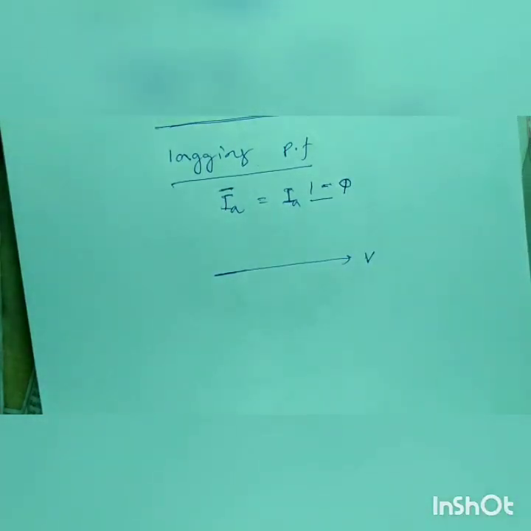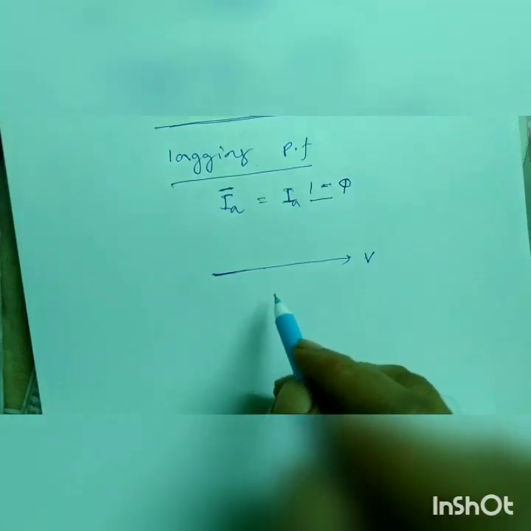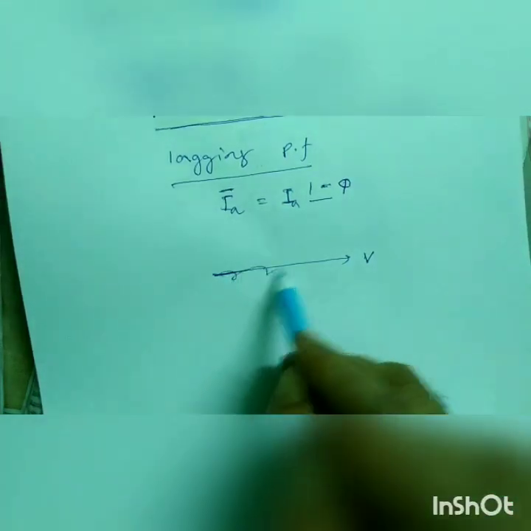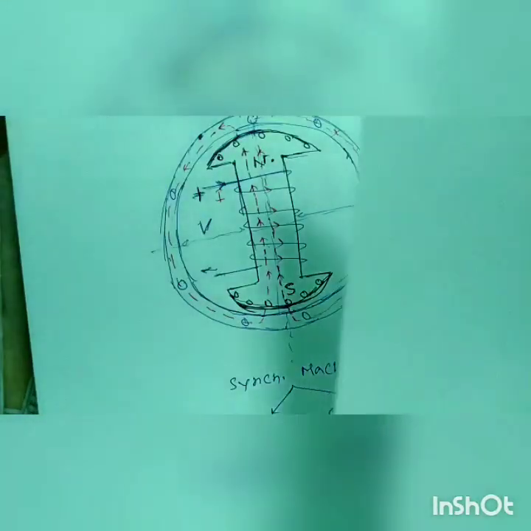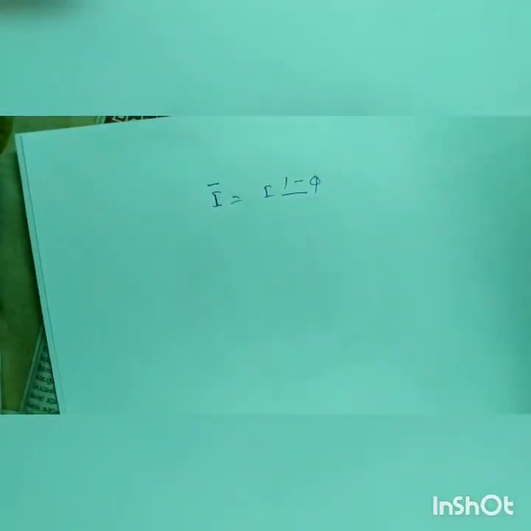Here V is the reference. So let's draw the phasor diagram of the alternator, and we are assuming that the alternator is supplying the load at a lagging power factor.